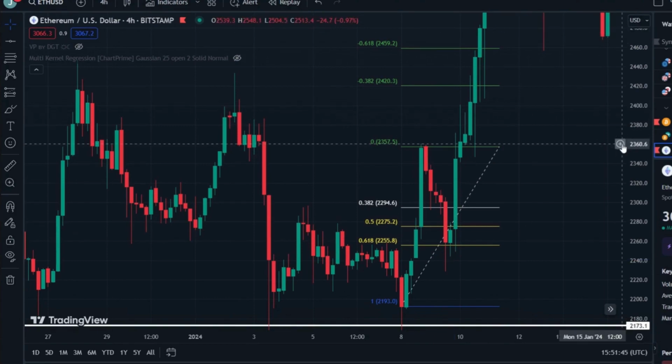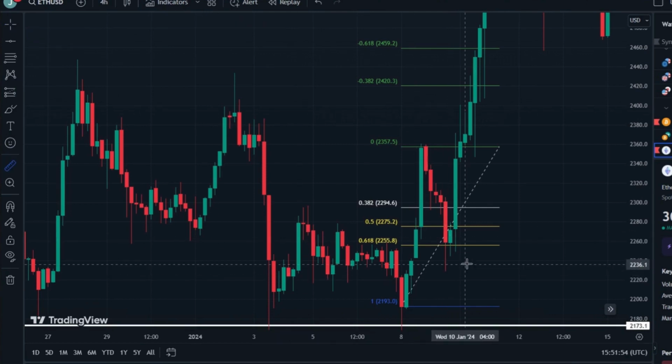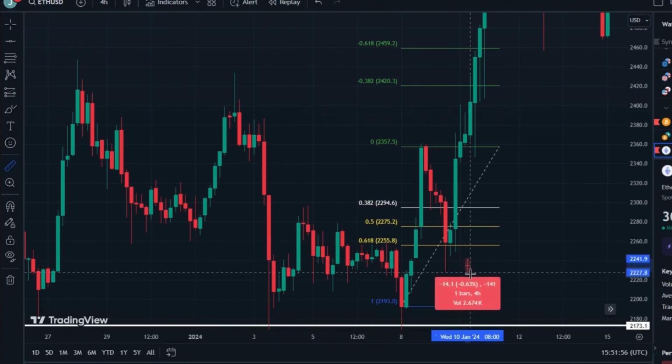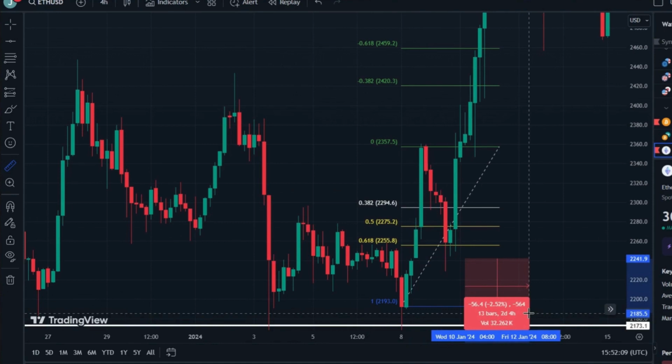Okay, the currency stock. After that, keep in mind that we have a good stop loss. The stop loss can be further about 1%, not bigger than that percent, and I will show you right now. If you put your stop loss much lower, about 2.5, maybe it can be touched at this level.